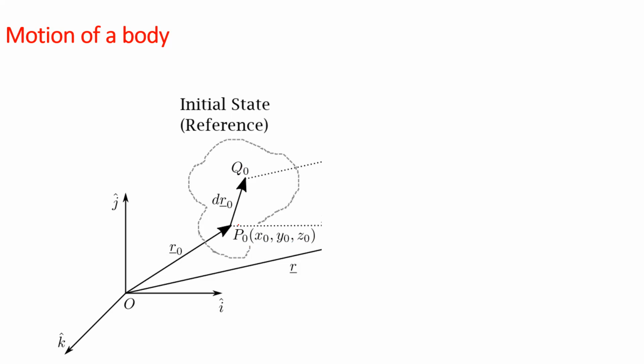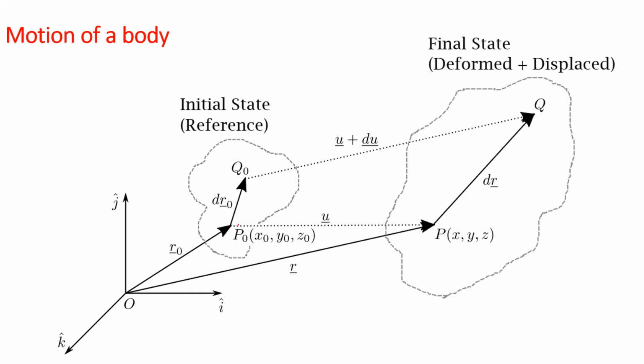Okay, it underwent some motion, some displacement. So this larger object is the final state of the object. Originally it was small, it had some shape. Now this is the shape it has. Okay, and we had two points P0 and Q0 in the initial state.